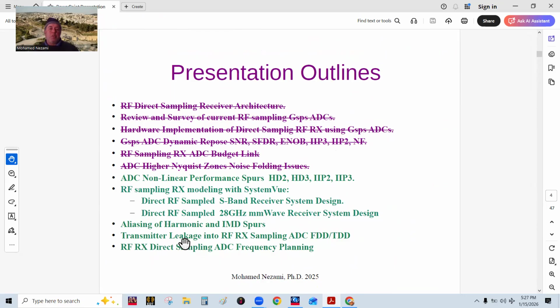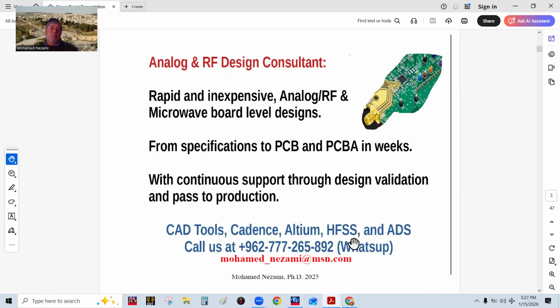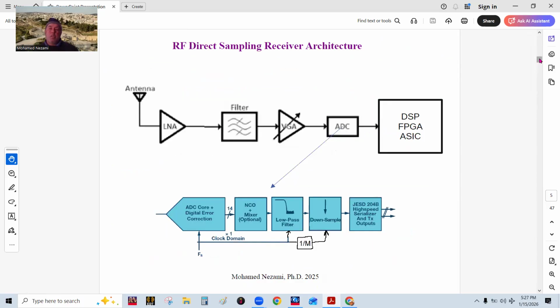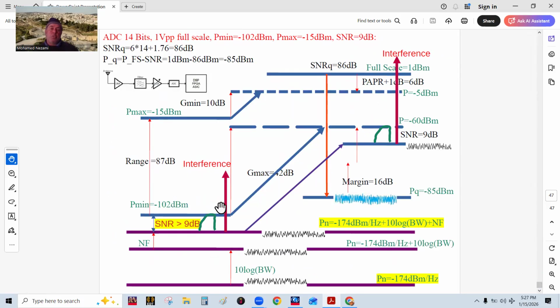And of course, if you have an FDD or a TDD, depending on which scheme of duplexing you have between transmit and receive, you're going to have also transmitter power leaks back at you. And then, of course, you're going to have the interleaver issues and other things. And that's when we have to start looking at how do we frequency plan this so that we don't run into a situation like this.